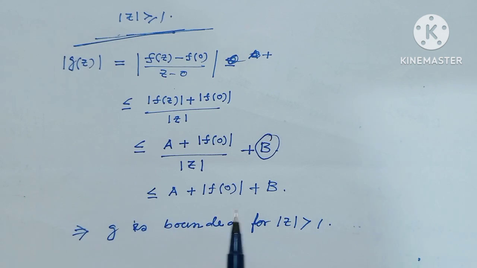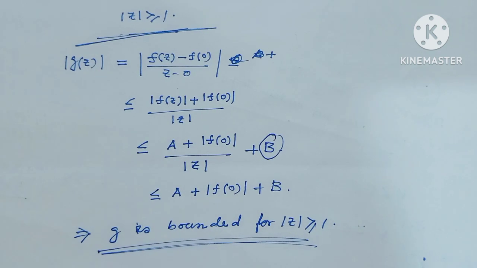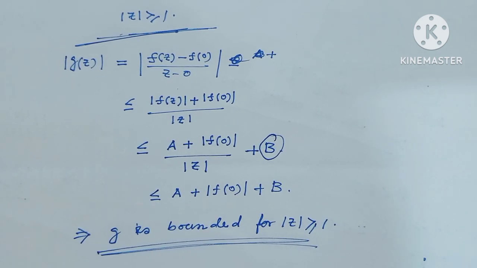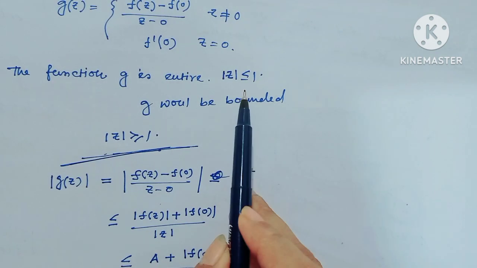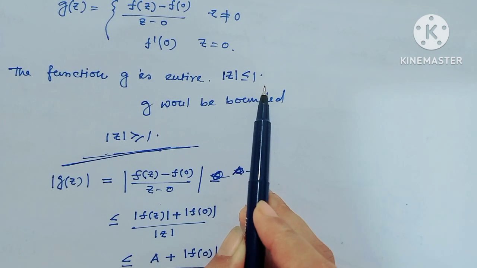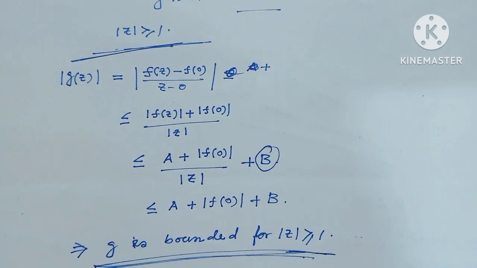And that implies when mod z is greater than or equal to 1, then g is bounded for mod z greater than or equal to 1. That means I have got for mod z less than or equal to 1, g is bounded. Also for mod z greater than or equal to 1, g is bounded.